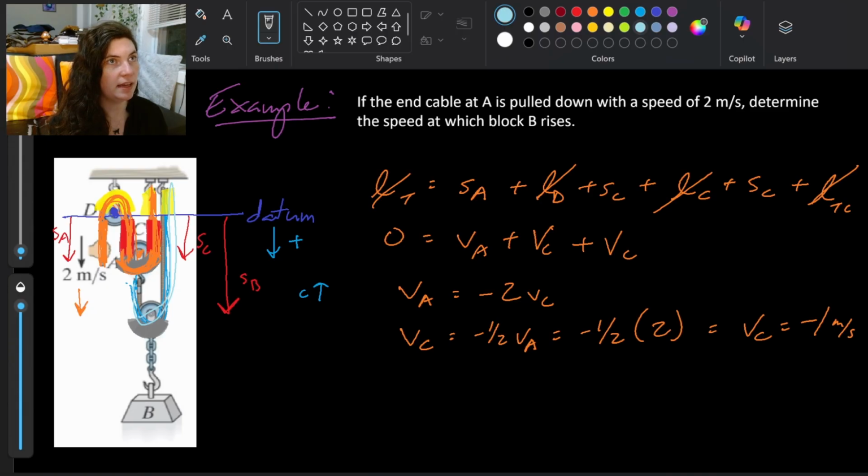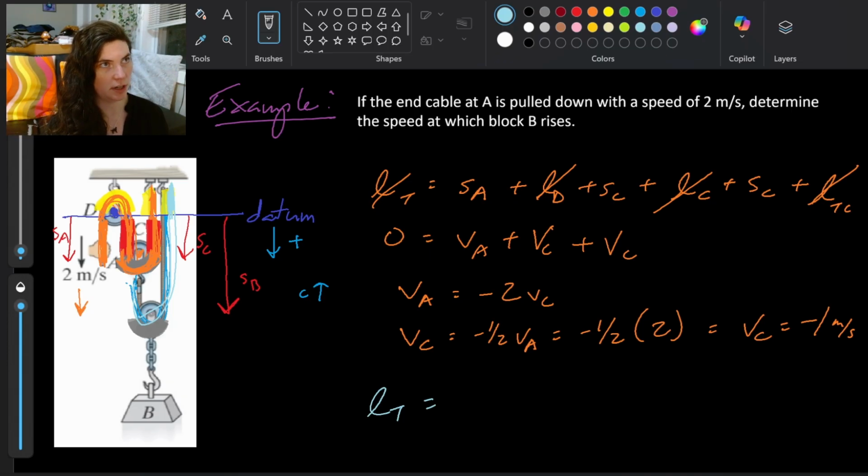So getting my lengths, this is a totally separate length equation. Because it is a separate rope, a separate pulley, separate cord, it gets its own length system. I'm going to go top down, kind of swing around the J shape.